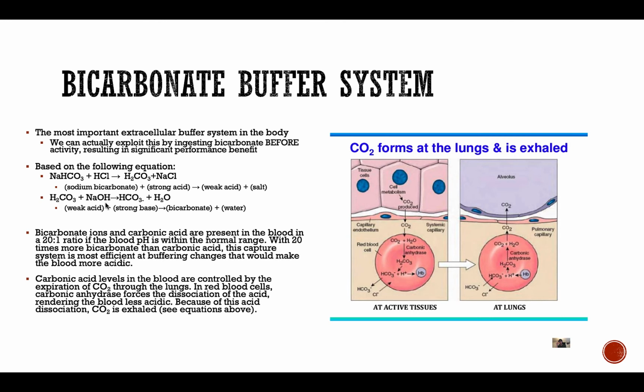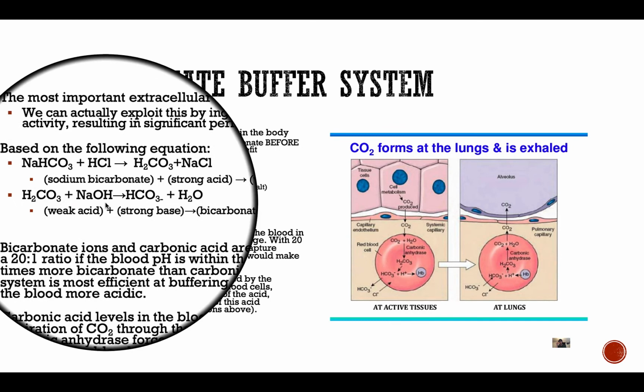We're also going to have a sodium hydroxide, which is going to be a weak base. So remember, our buffer systems are going to work on an acid and a conjugate base. Here you go. We're going to have a reaction with carbonic acid and the strong base sodium hydroxide. We're going to produce bicarbonate and water.